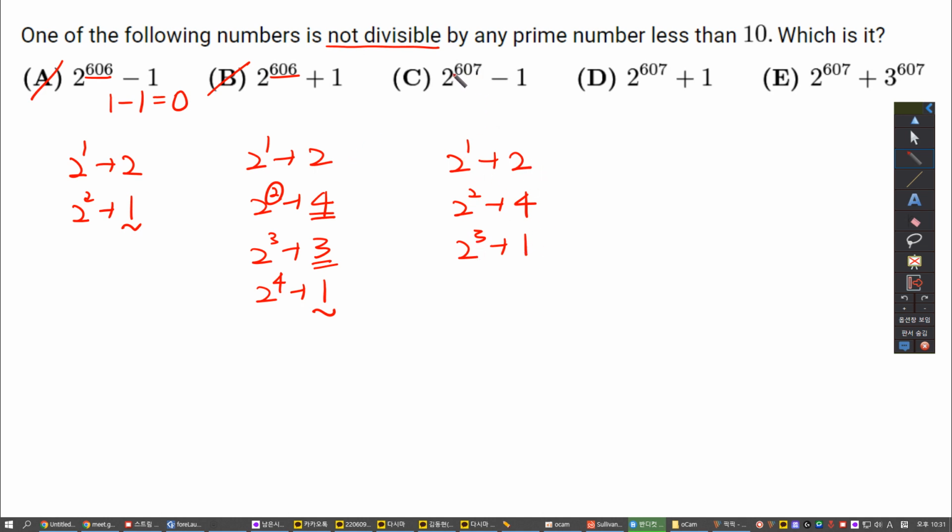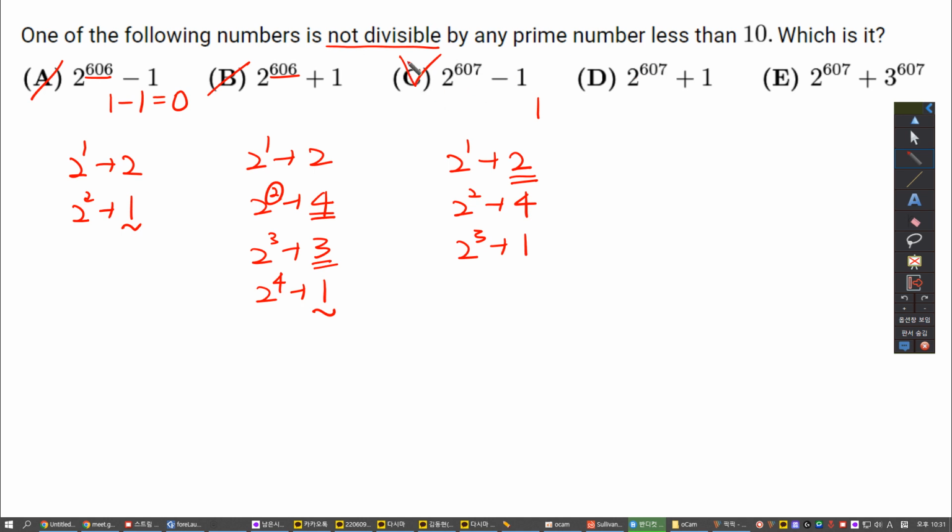So 607 divided by 3 has a remainder of 1, so the remainder is 2. So 2 minus 1 is 1, which means it's not a multiple of 7. And we have used up all the prime numbers less than 10. So C is not divisible by any prime number less than 10.